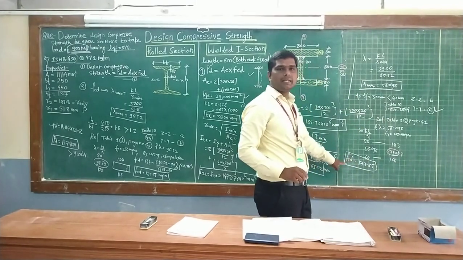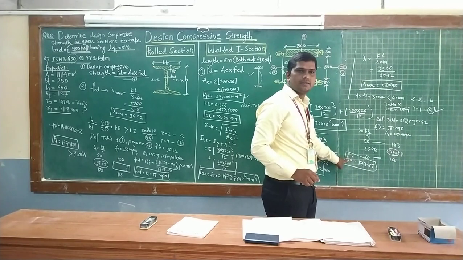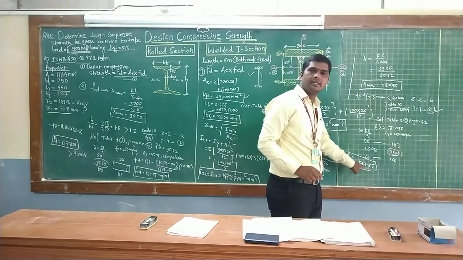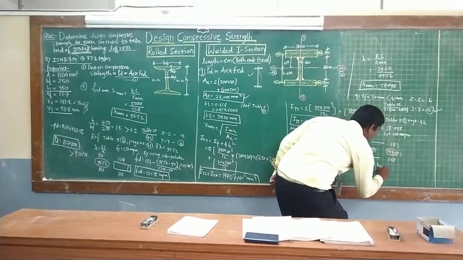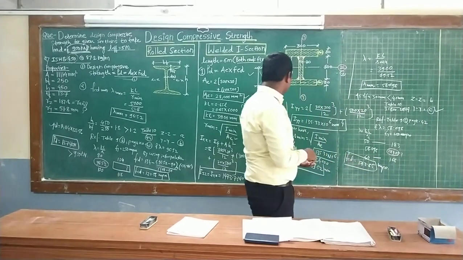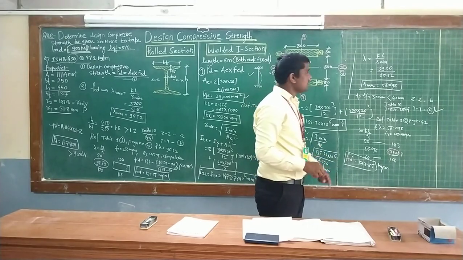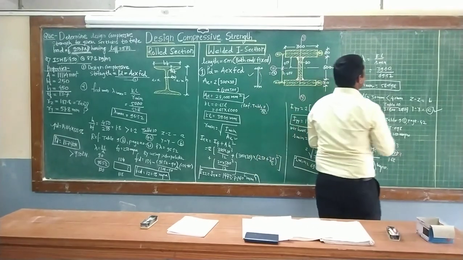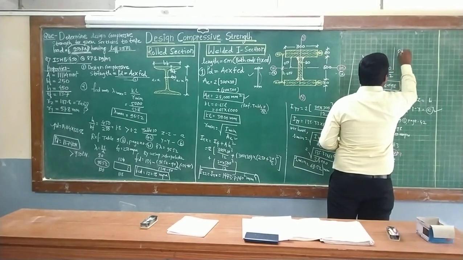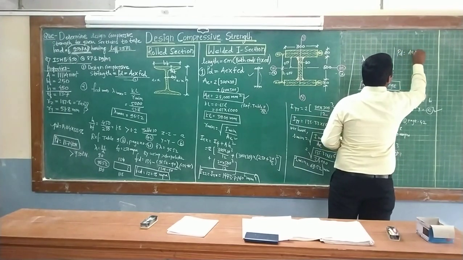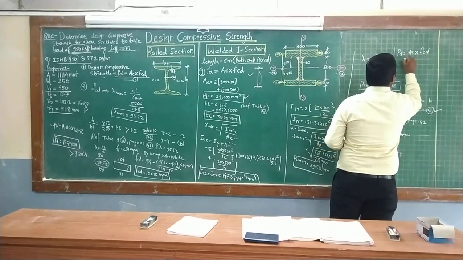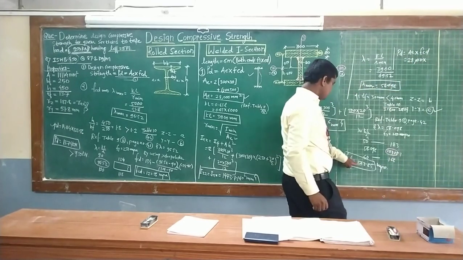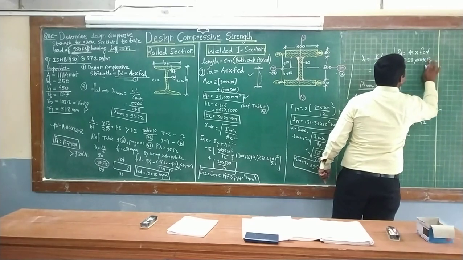After determining the design compressive stress FCD, the value 173.85 Newton per mm square or MPa, we substitute in our equation, that is PD is equal to AE into FCD, where AE is 28,000 multiplied by 173.85.